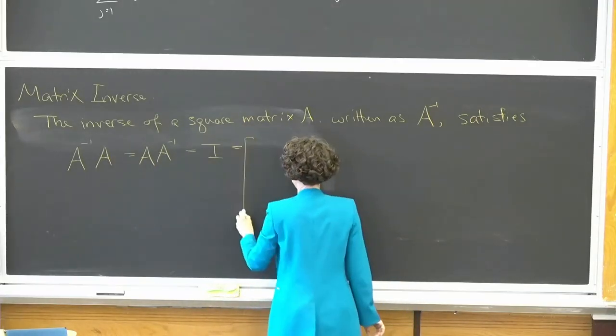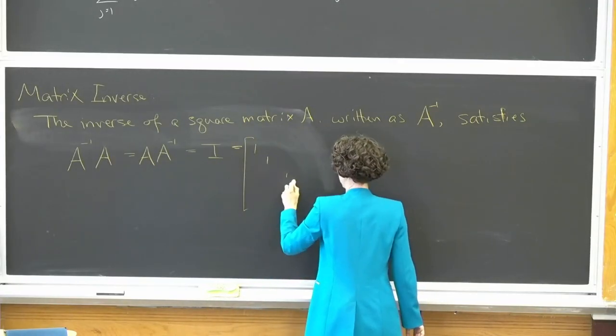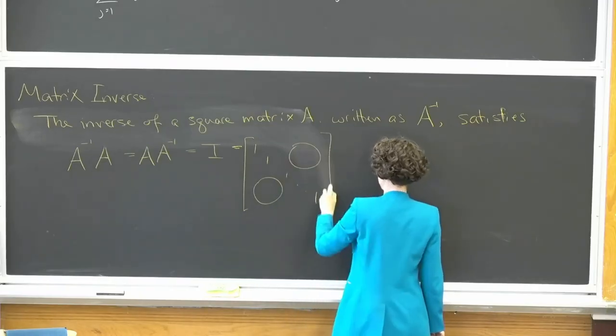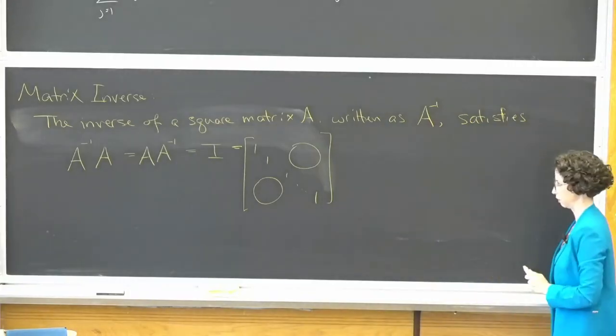As a reminder, an identity matrix has all ones along the diagonal and every other entry is 0.